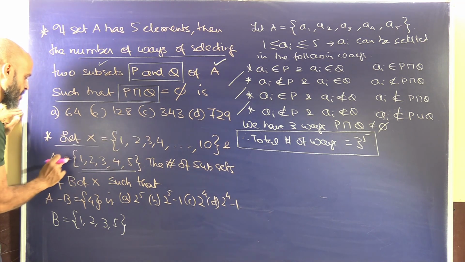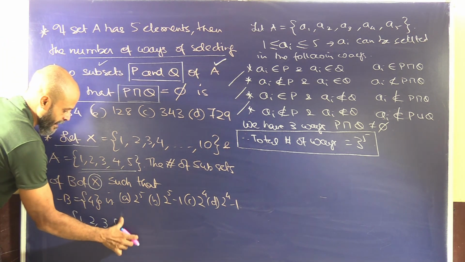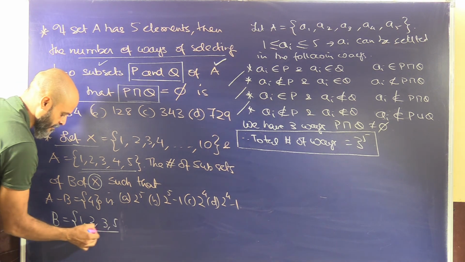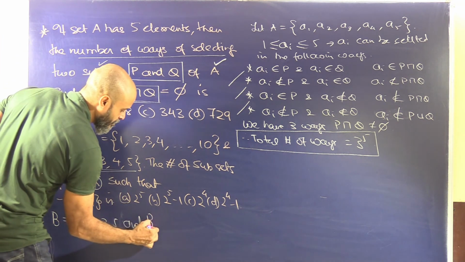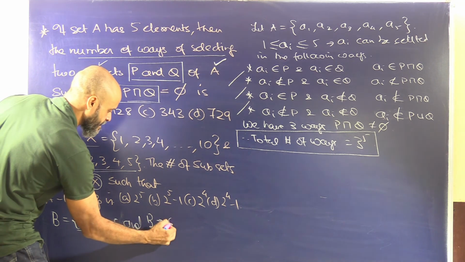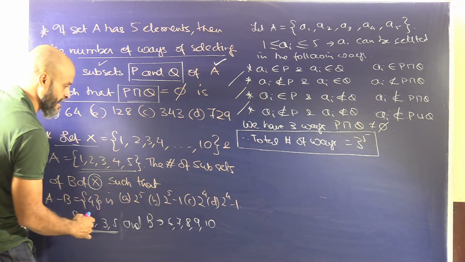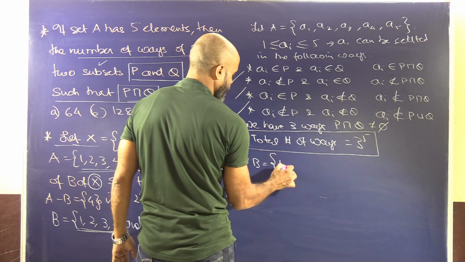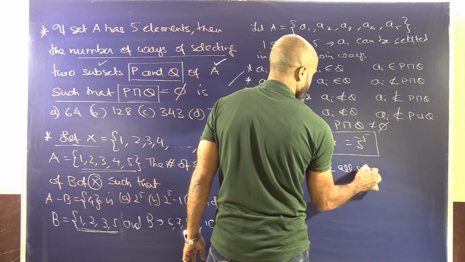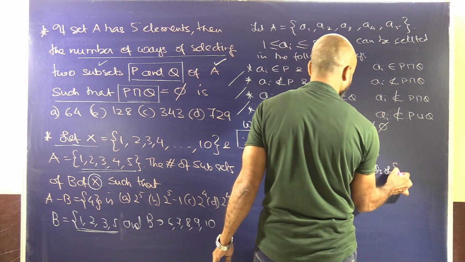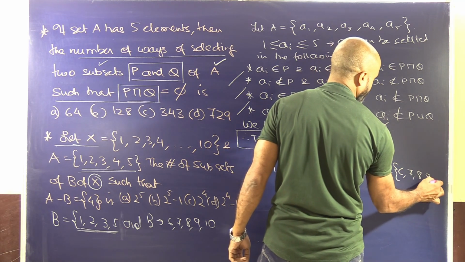Now B has to be a subset of X. So can there be more possible combinations? B definitely has to contain 1, 2, 3 and 5, and B can contain any subset of the remaining elements, that is 6, 7, 8, 9, 10.